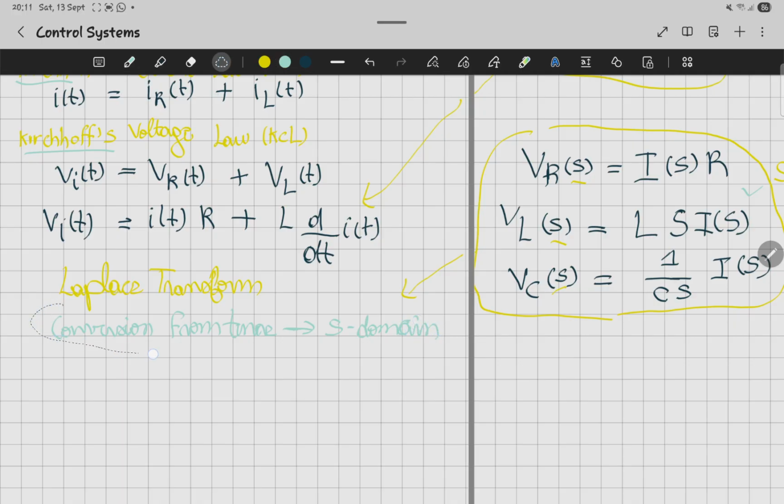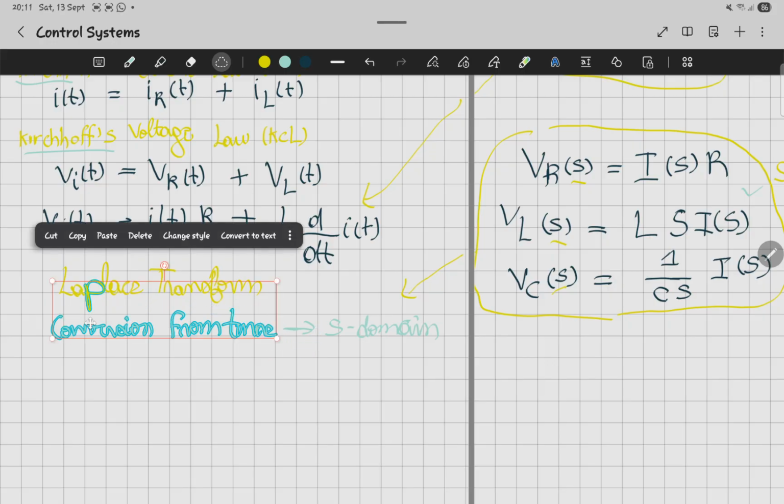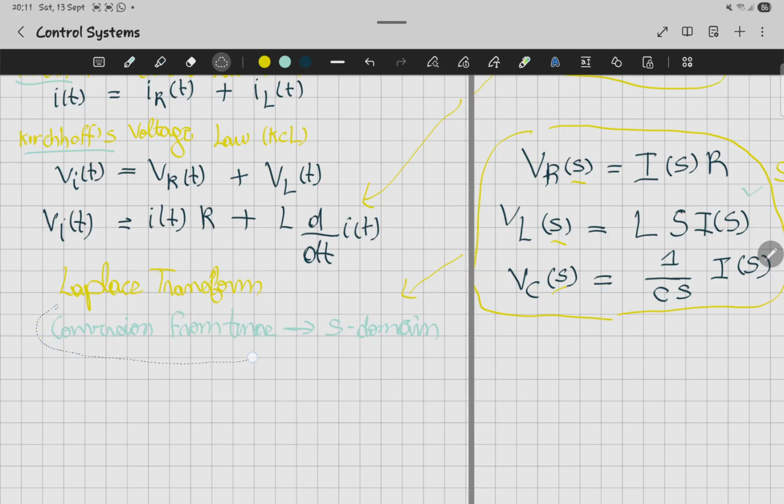This is why we're using Laplace here, just to give us an option where we can actually solve this equation easily.